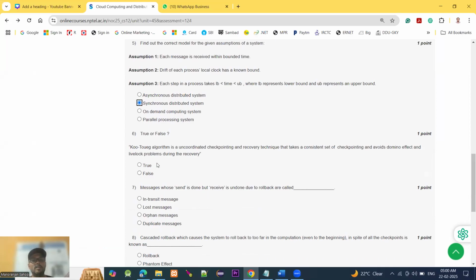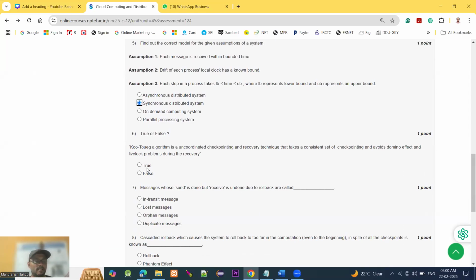the co-ordinated algorithm is an uncoordinated checkpointing and recovery technique that takes a consistent set of checkpoints and avoids the domino effect and livelock problems during the recovery.